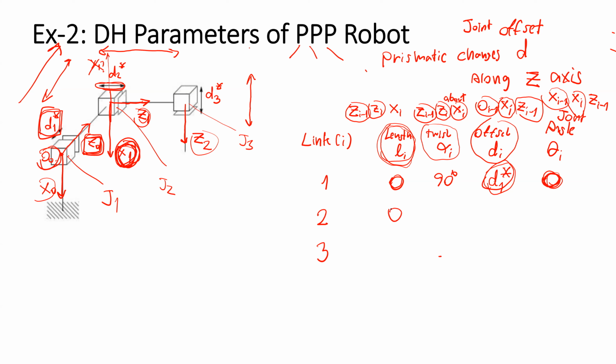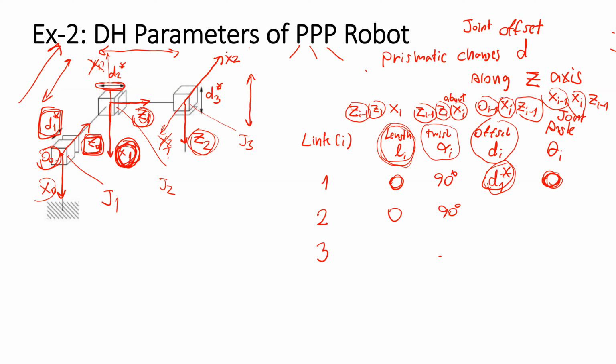The twist is the angle between C1 and C2. If you want the twist to be 90 degrees positive, the direction of x2 should be in that direction. If you use x2 in this direction, the twist will be minus 90 degrees.